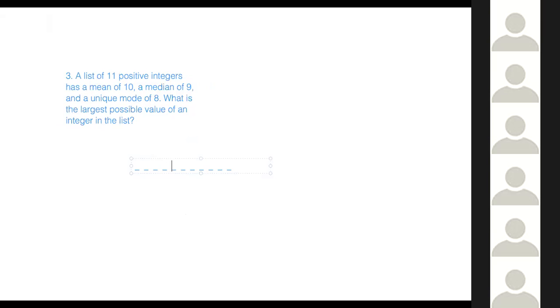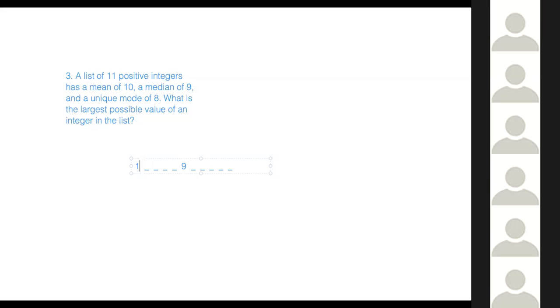Okay, so what I did was I first put a 9 in the 6th place because it says it's the median. And if you want the largest number you can get, you want the left side of the 9 to have the lowest possible value, so you can put more for the largest integer. So 1 is the smallest positive number.